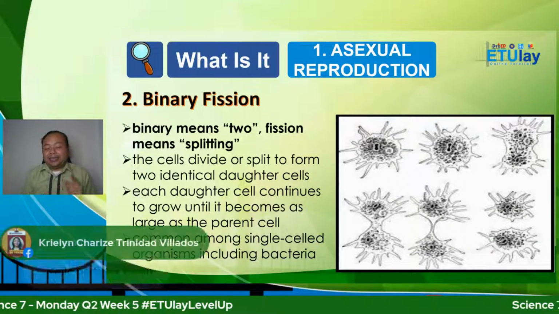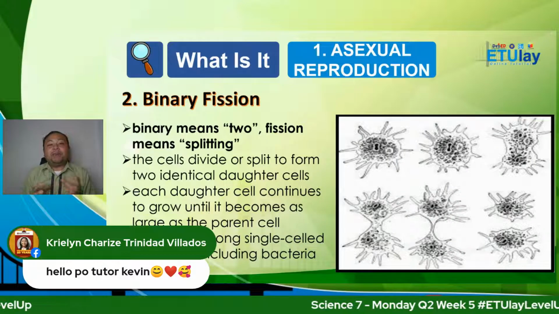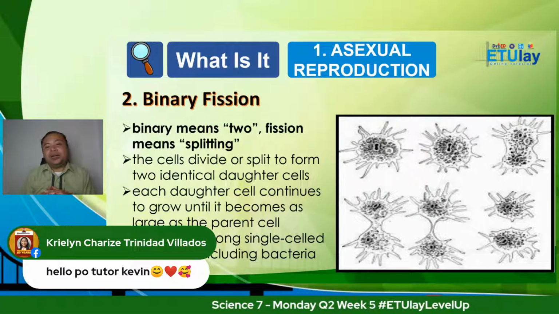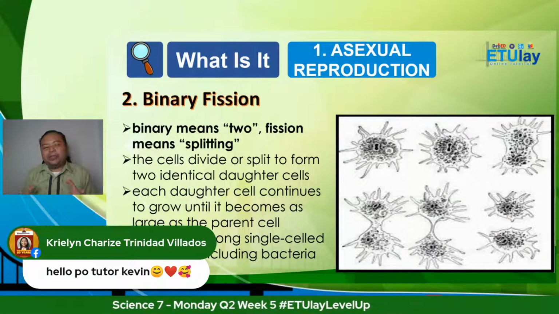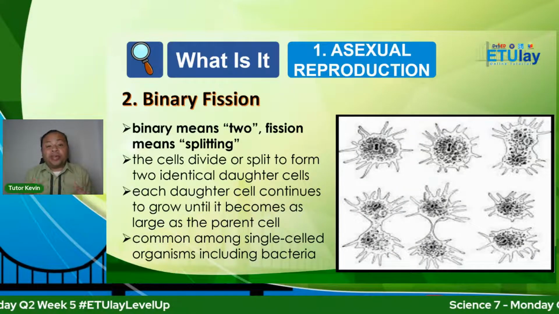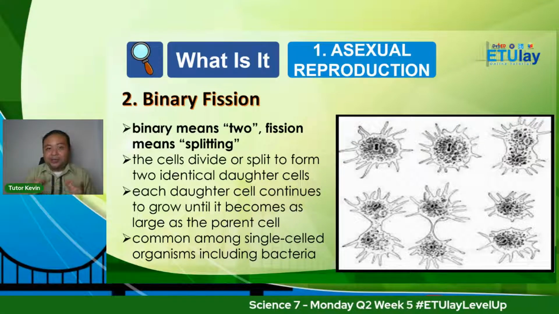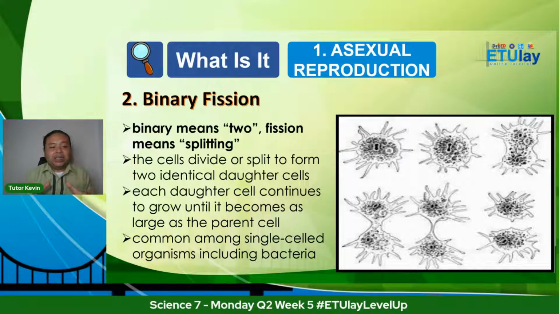Ang bacteria na kahit isa lang siya, because of binary fission, mabilis yang dumami. Kaya tinatawag natin ng bacterial growth na exponential ang kanyang pagdami because one of the many ways is through binary fission.